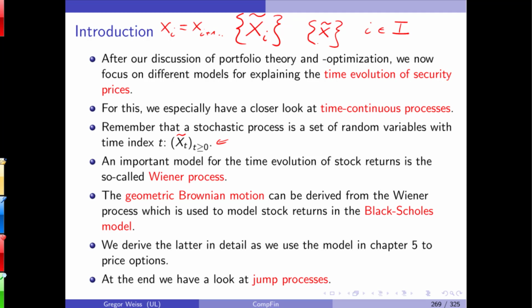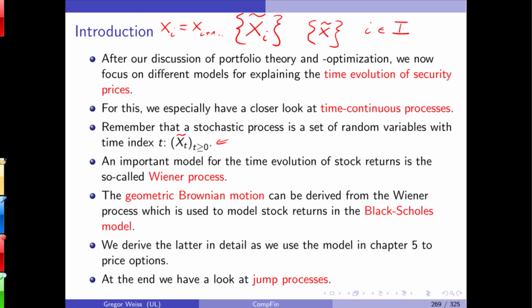And one important model for the time evolution of stock returns is the so-called Wiener process. Same word in German, Wiener Prozess. We also have the geometric Brownian motion. It can be derived from the Wiener process. I'll talk about that in more detail later on. And these are the building blocks of the Black-Scholes-Merton model for option pricing.